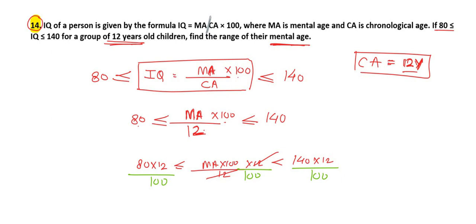So if we simplify it, this is cancelling. So I will get 2 5s are and 2 4s are. So 48 by 5 less than or equal to, this is 100 and 100 cancel, MA is less than, this is cancelling. Then 2 5s are, 2 6s are. So 84 by 5.